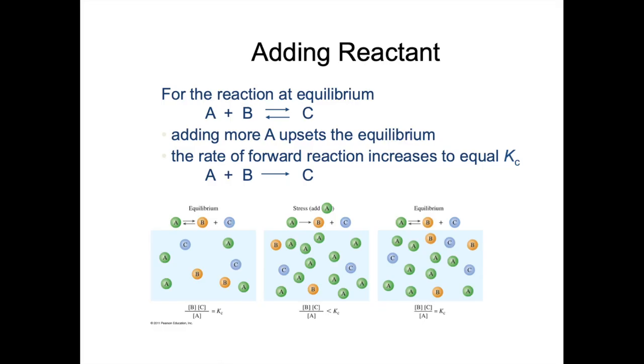So if you add more of chemical A, the forward reaction, which uses up chemical A, will speed up because there's more of chemical A colliding with chemical B. As a result, your forward reaction speeds up, and you start converting chemical A and chemical B into chemical C. So what you've effectively done is you've added a reactant, but the system shifts towards the product side. It makes more products to use up that extra chemical A that you added and bring all three chemicals back into balance a little bit better.